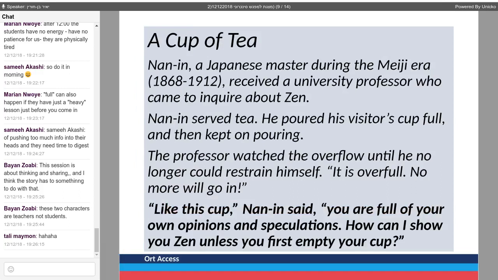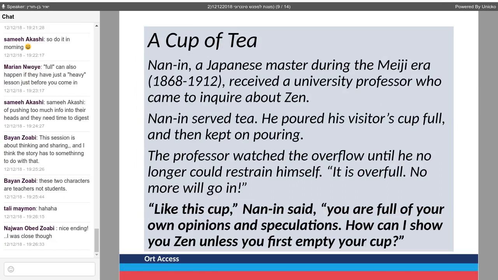See the ending of the story. Like this cup, Nanin said, you are full of your own opinions and speculations. How can I show you then unless you first empty your cup?